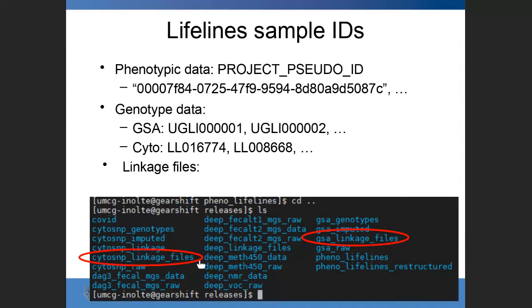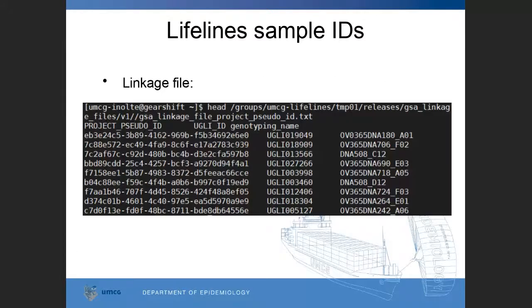And this information is in the GSA linkage or CytoSNP linkage files. For instance, the GSA linkage file, the pseudo GSA linkage file project pseudo ID file, tells you that this project pseudo ID in the phenotype file is the same as this UGLI ID in the genotyping files.